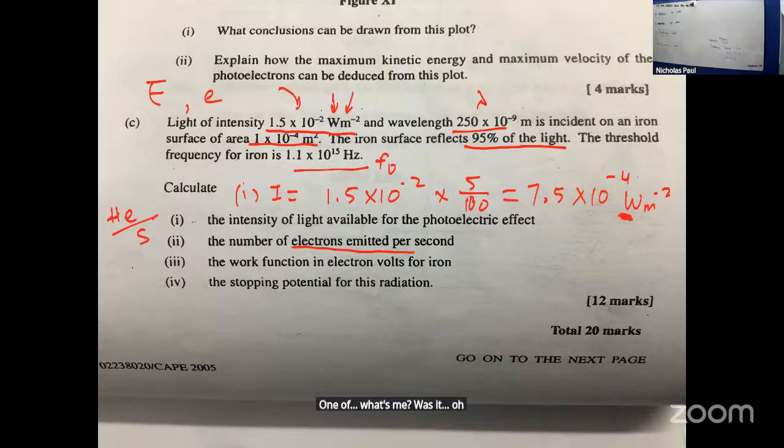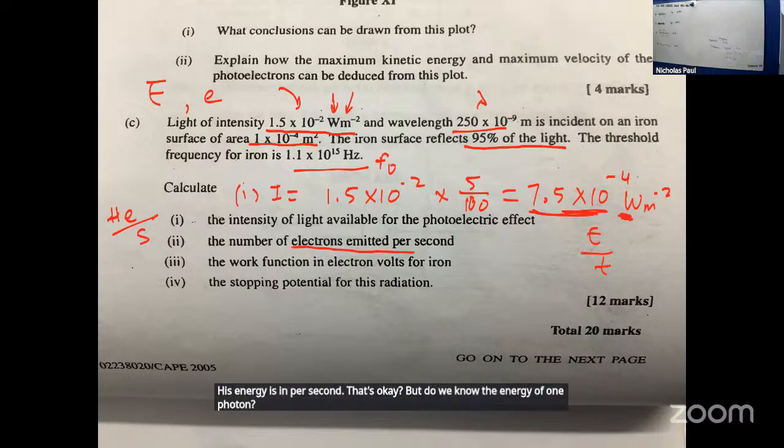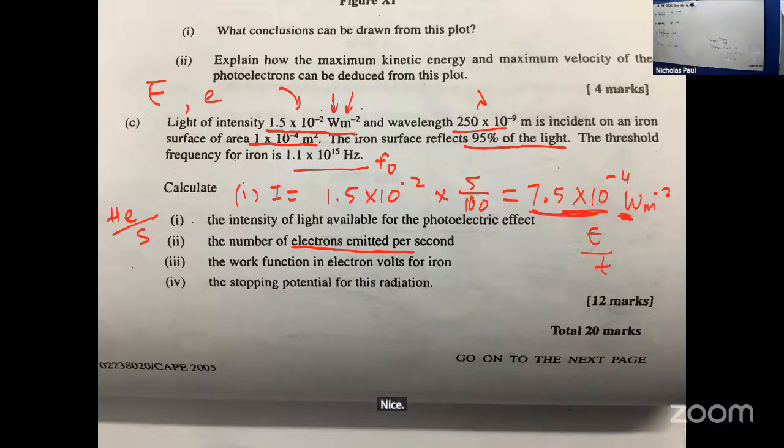And power is what? Energy divided by time. Very good. So technically, what we have here is joules per second. It's energy hitting per second. But do we know the energy of one photon?